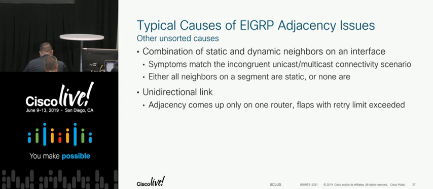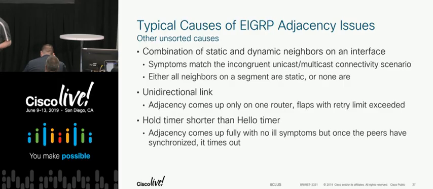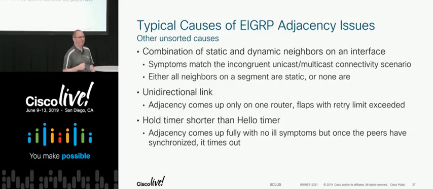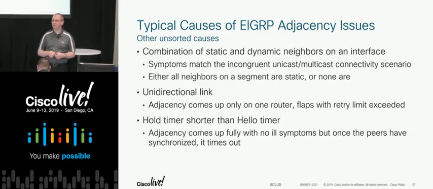Unidirectional links, that's another problem which typically cannot be solved by configuration, but rather by fixing the link itself. Or the underlay, if it's again some kind of an emulated circuit, emulating E-Line or something. Just be mindful of this. Or, well, this would be something either a very bad misconfiguration or somebody pulling a bad prank on you, setting the hold timer shorter than your hello timer.